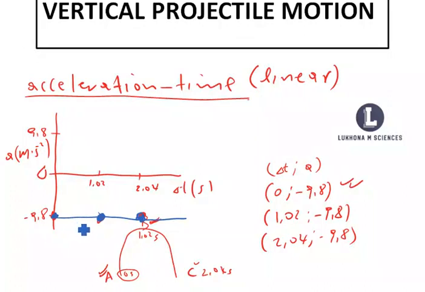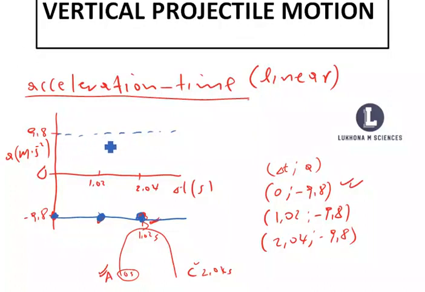But if it is drawn on this side, the positive side, you must know that down was taken as positive because acceleration is always going downwards. So once the graph is drawn on the positive side, you must know down was taken as positive. Okay, then that is it.